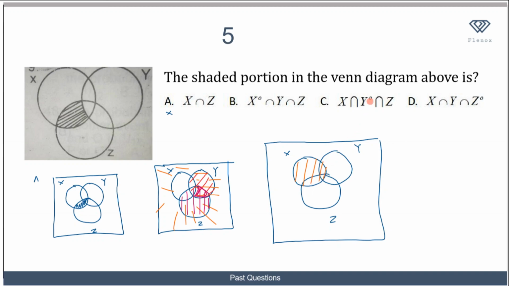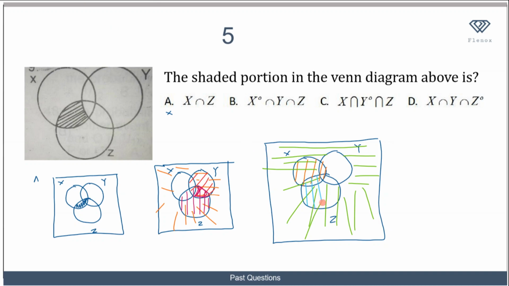Then Y complement is represented by all the region that is outside of Y, so all these regions that are not in Y. Everything outside of Y is Y complement. And finally, we have Z, and Z is everything within this circle.